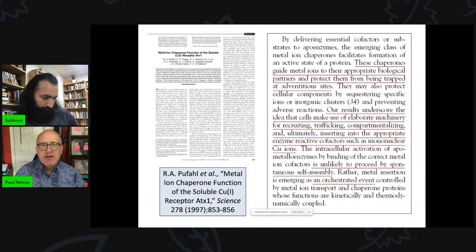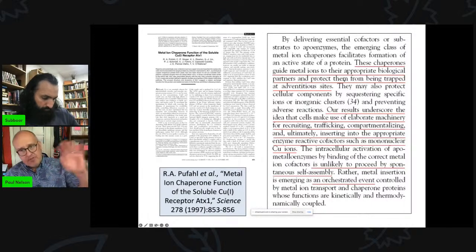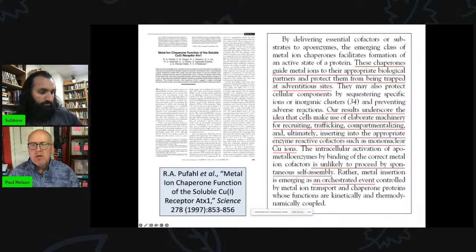Now, when you read the article describing this discovery, there's some very striking language in Science itself. I'll just quote it here. These chaperones, this copper binding system, guide metal ions to their appropriate biological partners and protect and keep them from being trapped at adventitious sites. That means places where the copper can do mischief.